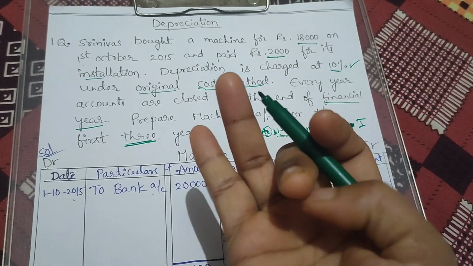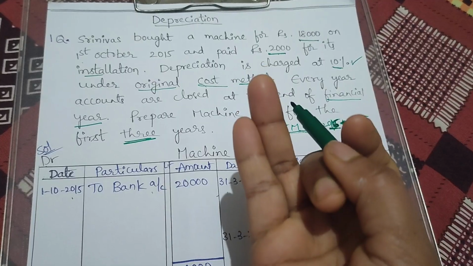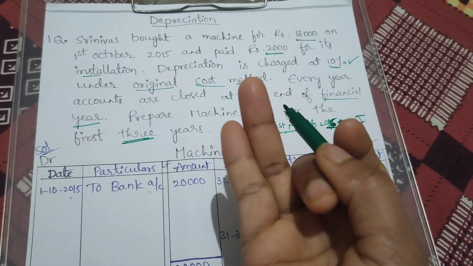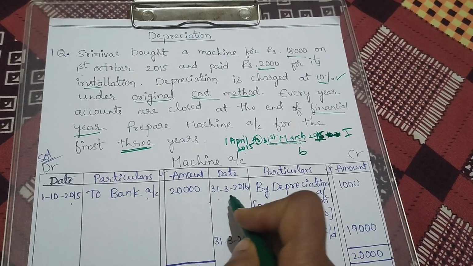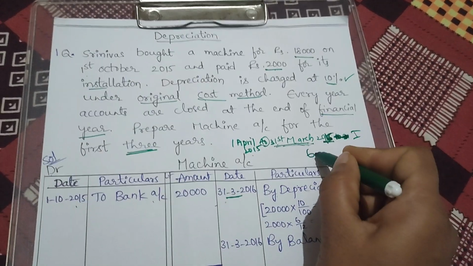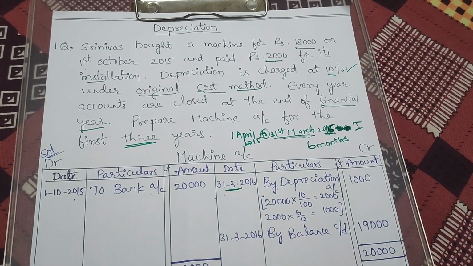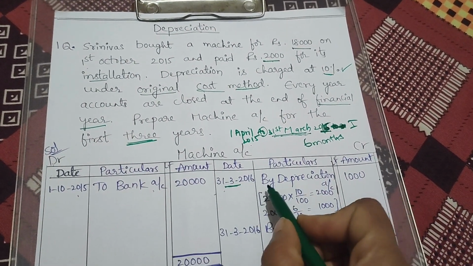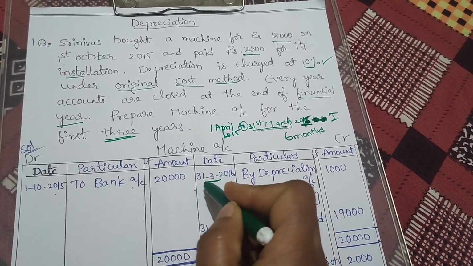Whenever we use the asset for some months, we should provide depreciation for that many months. Here we are using the asset during this year from this date to the closing date only for 6 months, so we should provide depreciation only for 6 months. Always depreciation we should record on the credit side at the end of the year.